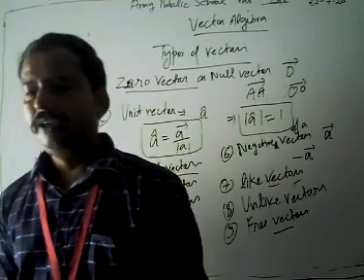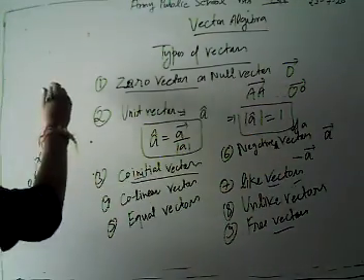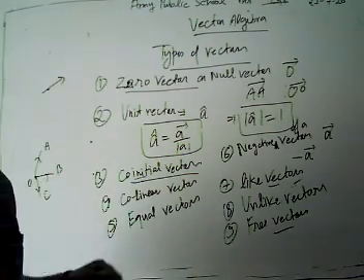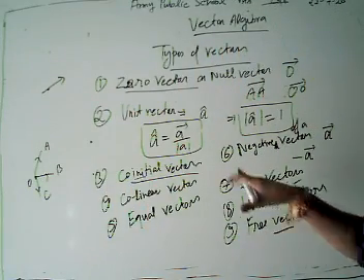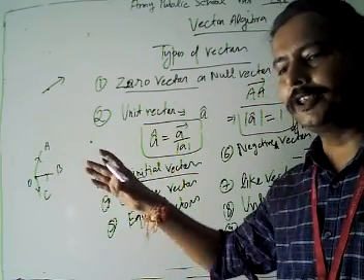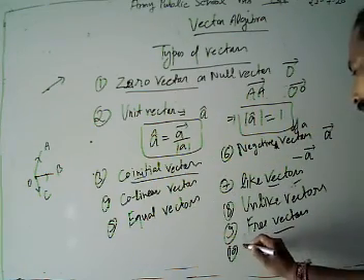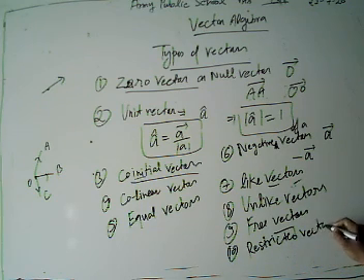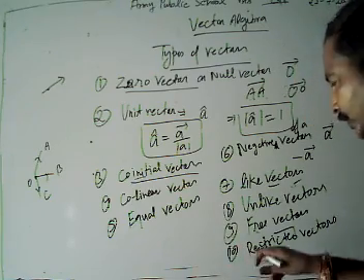Whenever we restrict a vector to pass through some given specific point in space, that type of vector is known as a restricted vector, and those vectors which are not restricted are known as free vectors.